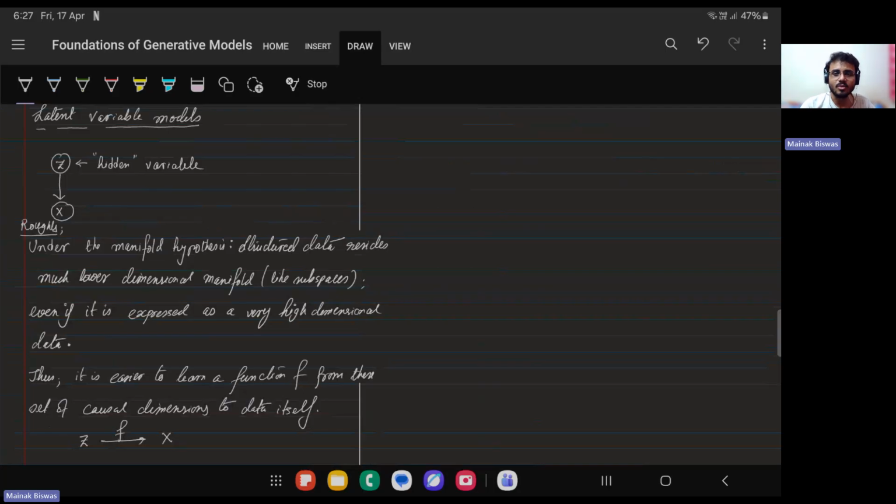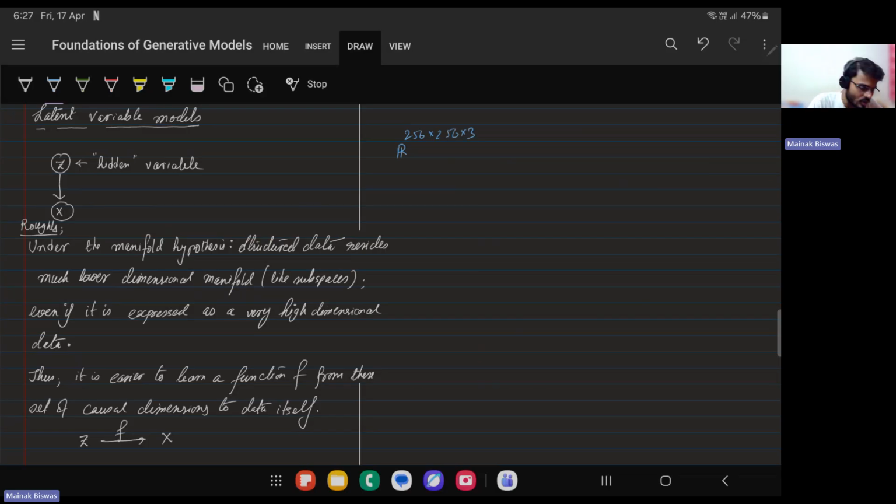So these classes of models are called latent variable models. What do latent variable models mean? It comes from this hypothesis that real data, although it would be very, very high dimensional, say real images could be 256 by 256 by 3, and you have so many possibilities for each of these images.